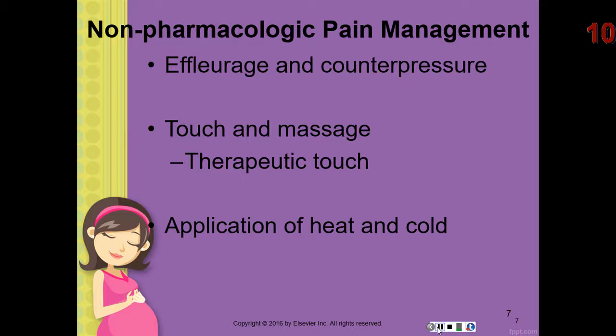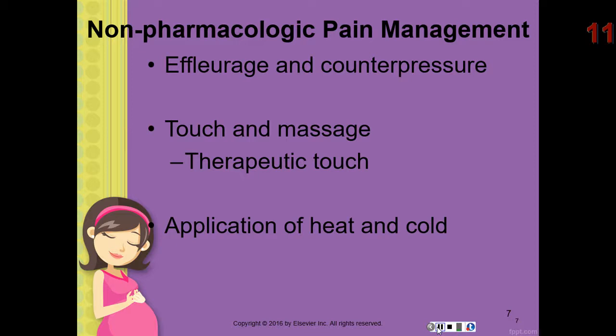It's like a light stroking, just relaxing, sometimes on the upper thigh, sometimes on the uterus during a contraction. Sometimes mom thinks that that's going to be an okay thing, and then she doesn't really like it when she's in labor. But touch from the partner is a good thing. It's good for moms to really decide on non-pharmacologic methods before labor.